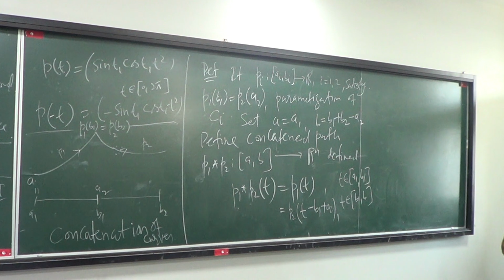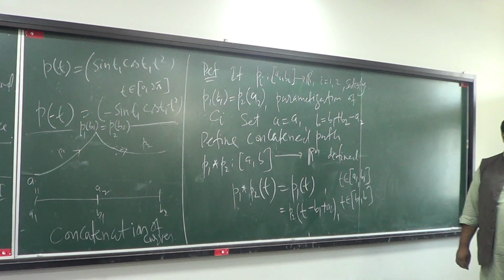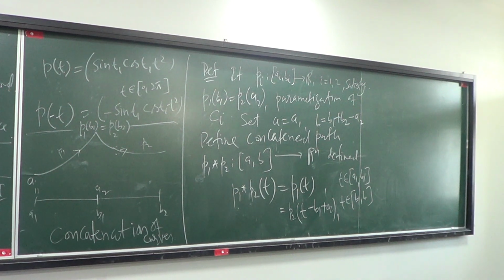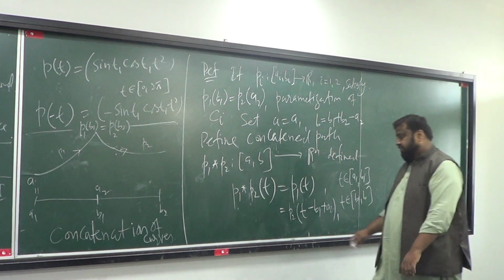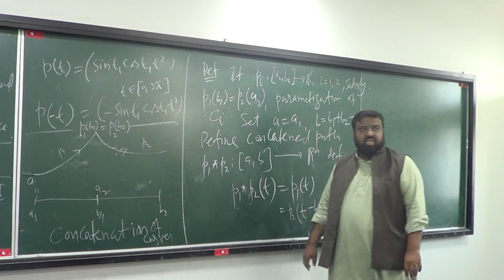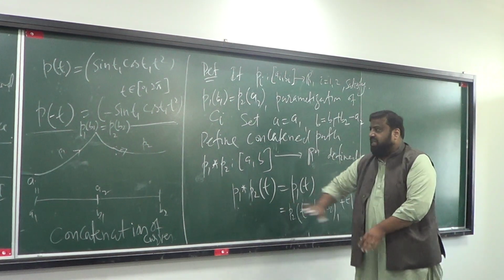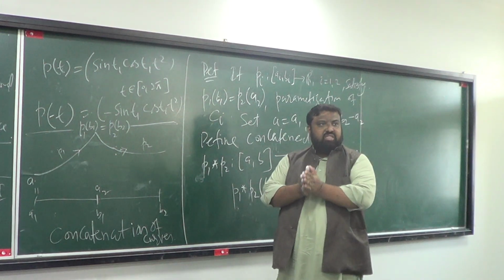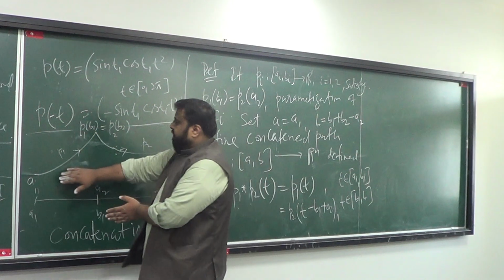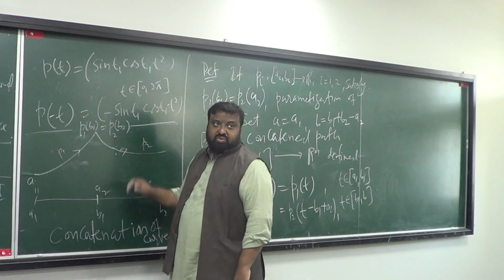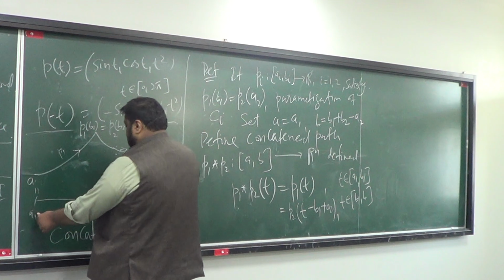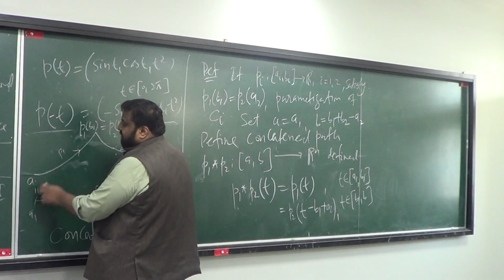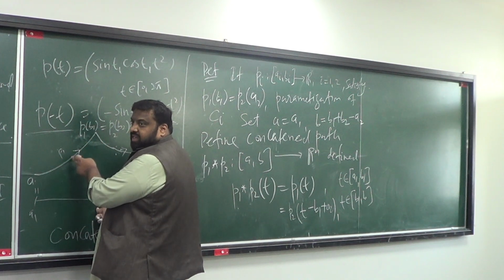Why is this definition the way that it is? Think about it. If this curve is a true representation of the join of these two curves, then if I substitute any value here, it should give the same value as P1 is giving.